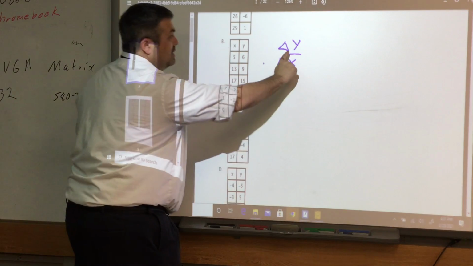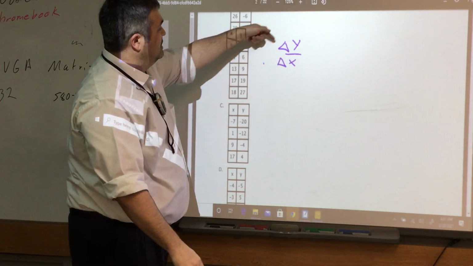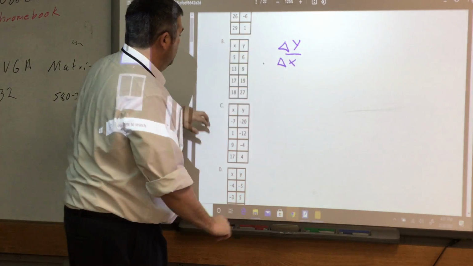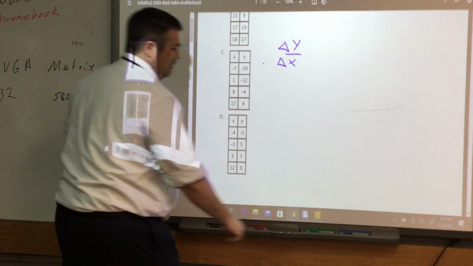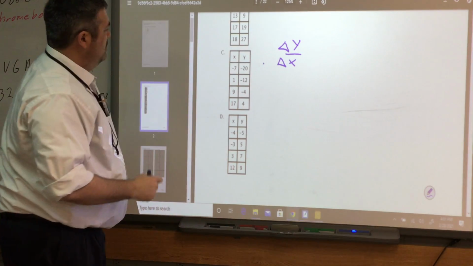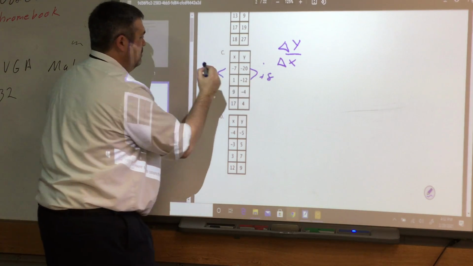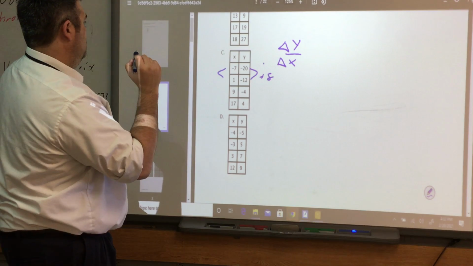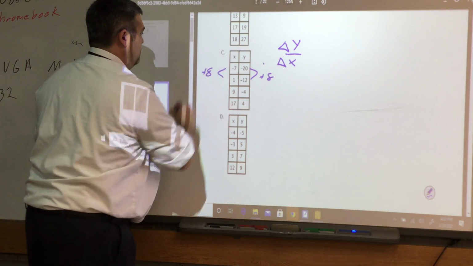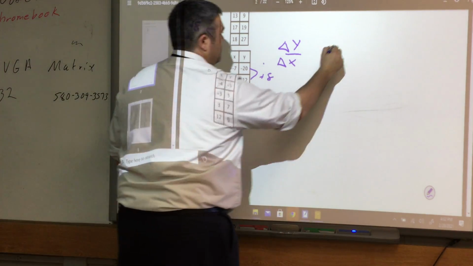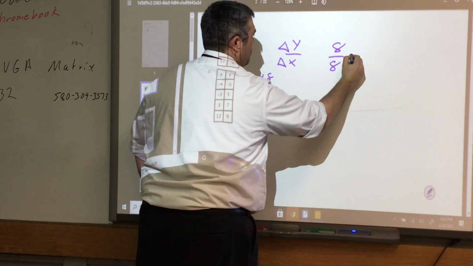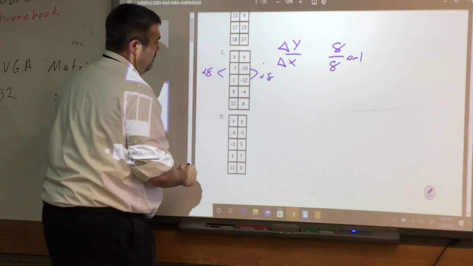And I'm leaving this here so that you recognize that what we're doing is the change in the y's over the change in the x's. That's what we're doing here. Okay, so here, plus 8, plus 8. Okay, so that's 8 over 8, or 1.